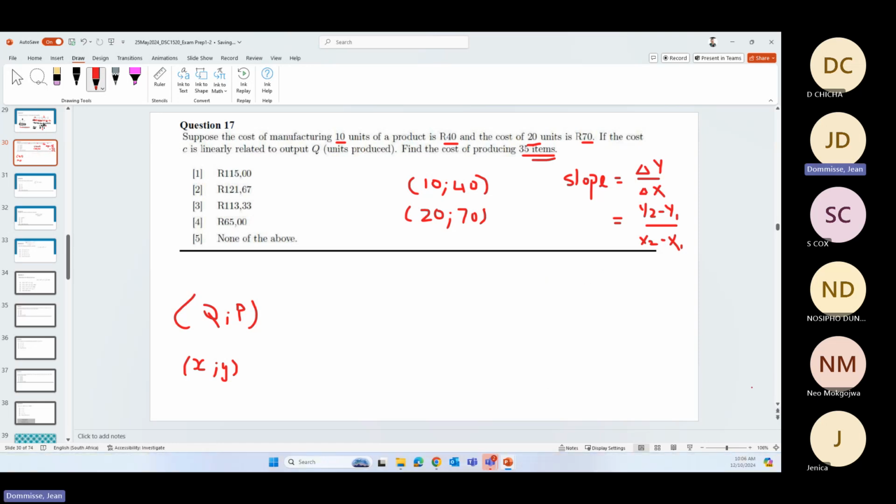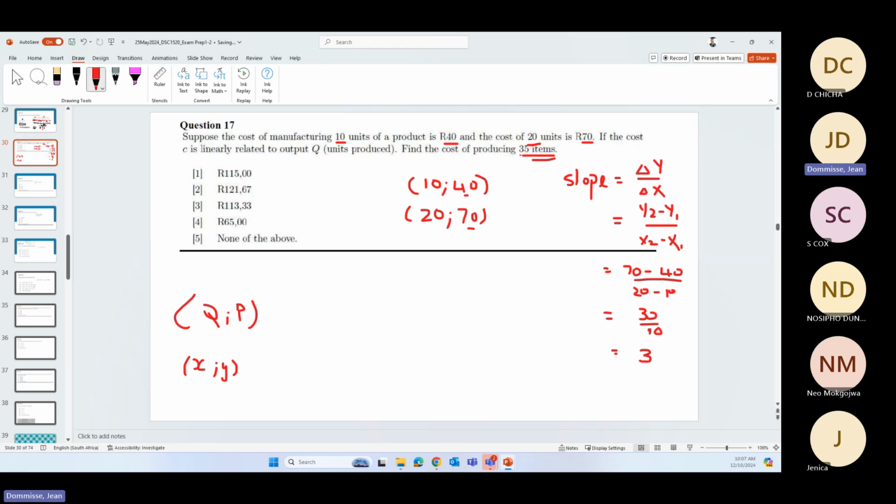That is equal to y2, 70, minus y1, 40, over 20 minus 10. So that is 50 over 10, which is equal to 3.